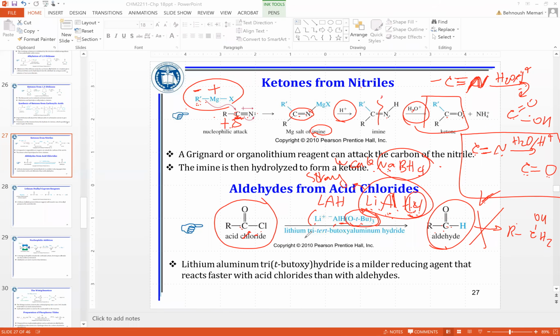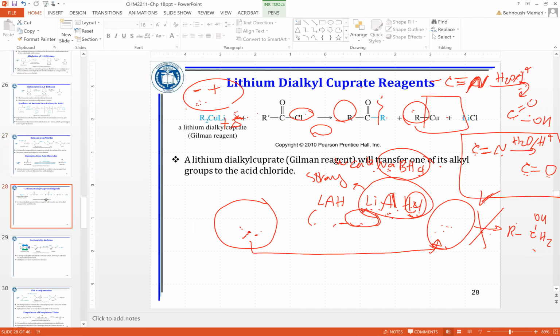You are going to make the strong reducing agent change to a mild reducing agent. So if you have a mild reducing agent, it is going to reduce acid chloride to aldehyde and it is not going to go to primary alcohol. So you can get the reduction of acid chloride to aldehyde. That's another method for preparation of aldehyde.